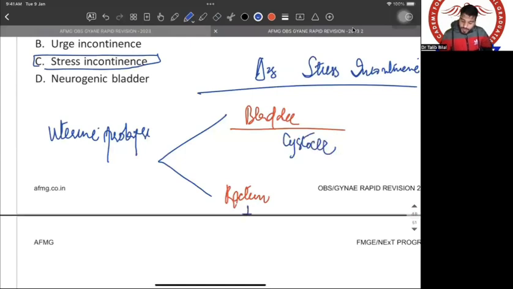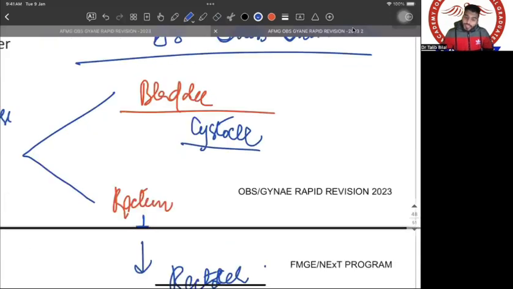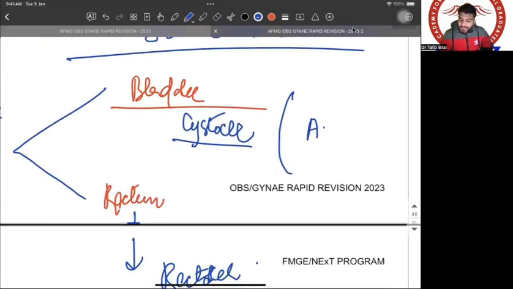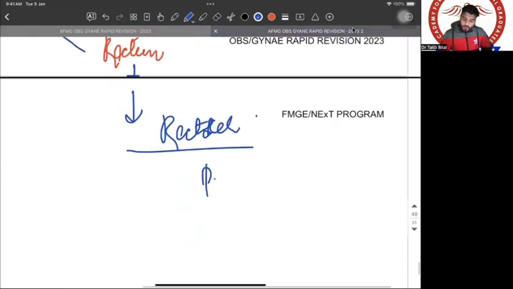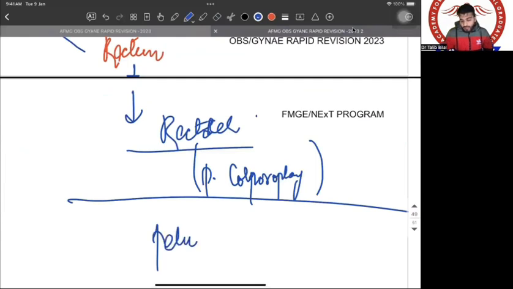If it involves the rectum, it will give the symptoms of rectocele. अब जब cystocele rectocele भी आ गया, ठीक है, so what will be your management? You are tightening the anterior. For cystocele, you are going for anterior colporrhaphy, and for rectocele, you are going for posterior colporrhaphy. Together it is called pelvic floor repair.